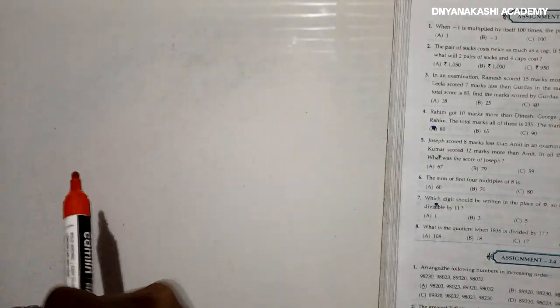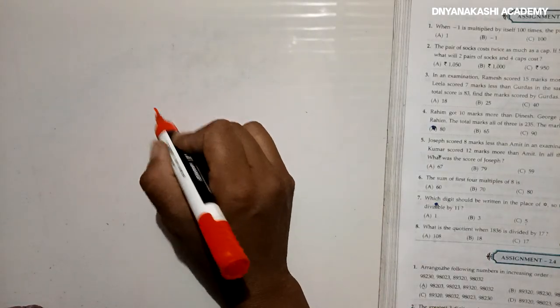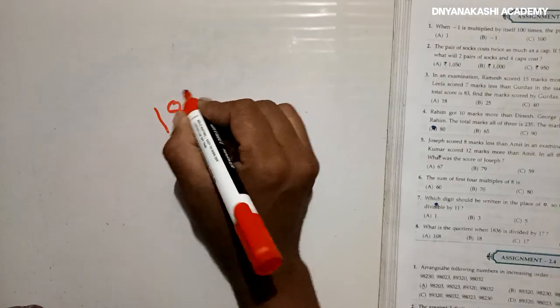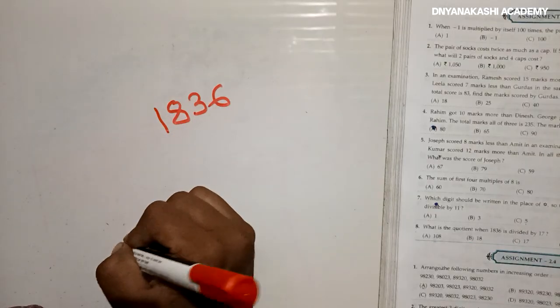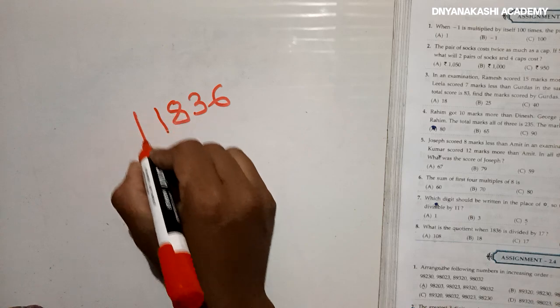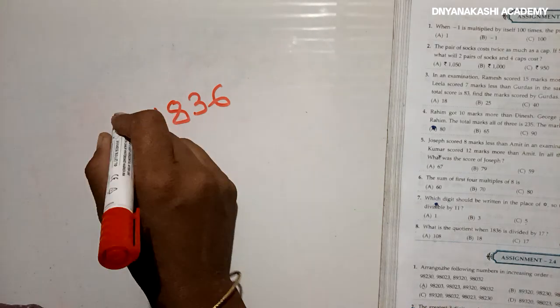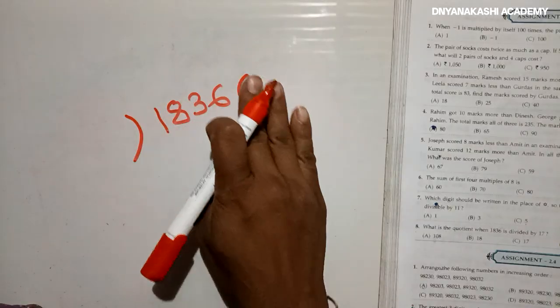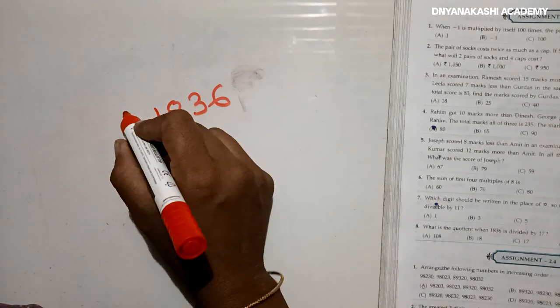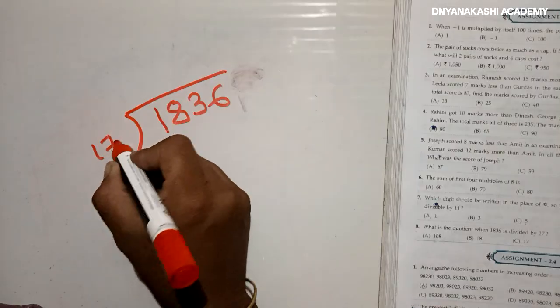In this question, 1836 is given. We find the quotient when this number is divided by 17. Okay, 17.